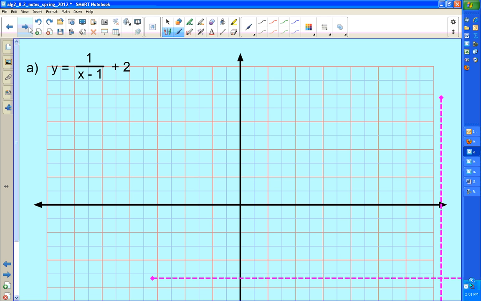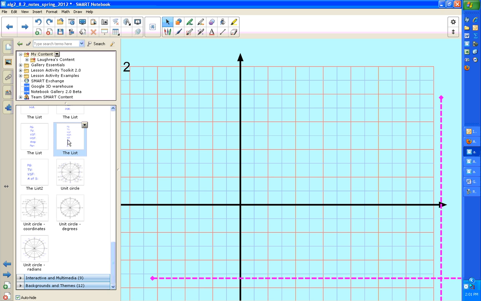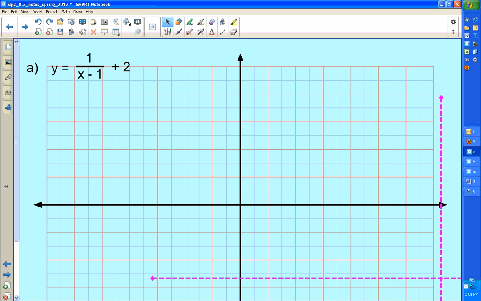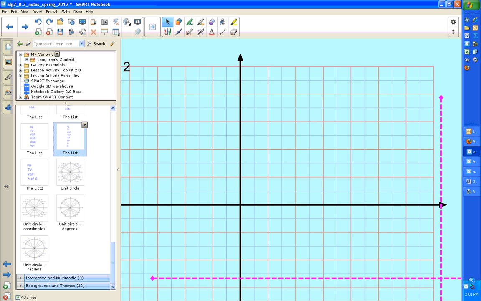All right, let's look at one that just translates and doesn't stretch. Just translates, doesn't stretch.